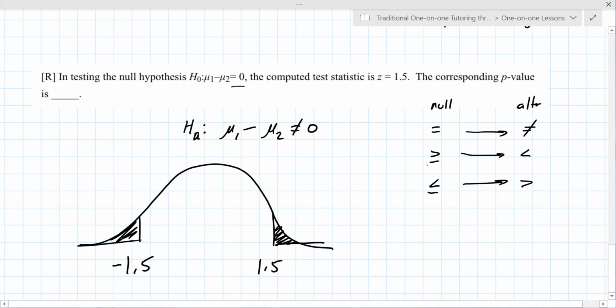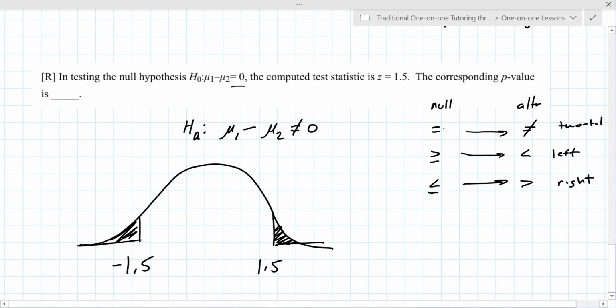If it was a greater than or equal to, it would be the left tail or right tail. This is two-tail, this is left, and this is right tail. This isn't meant to confuse you, but there are instructors who incorrectly make this the null and then use one of these others as the alternative, but hopefully that's not happening here.